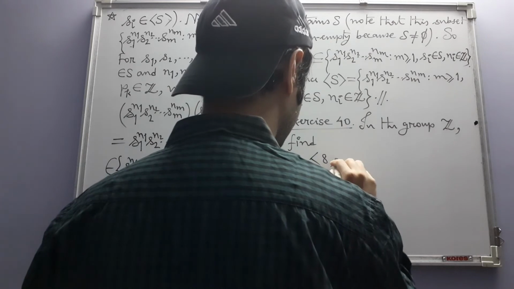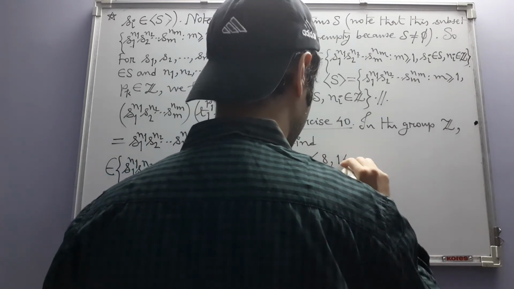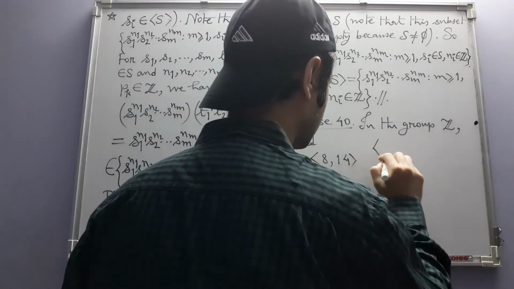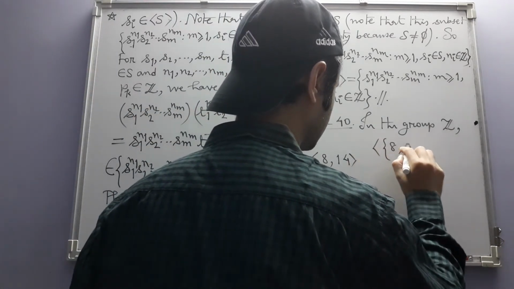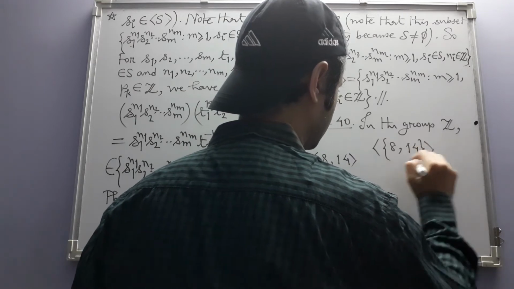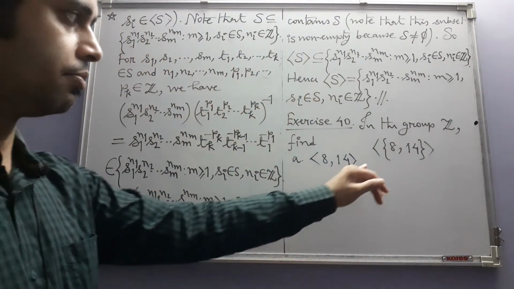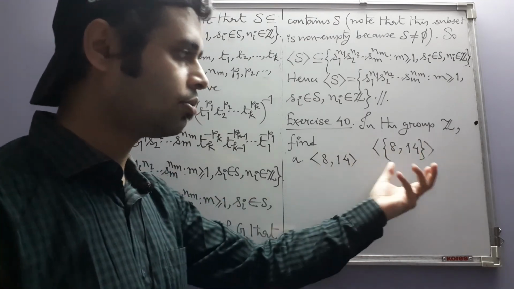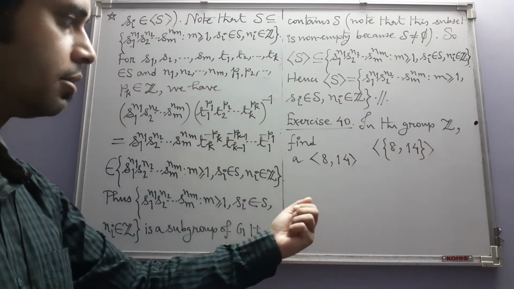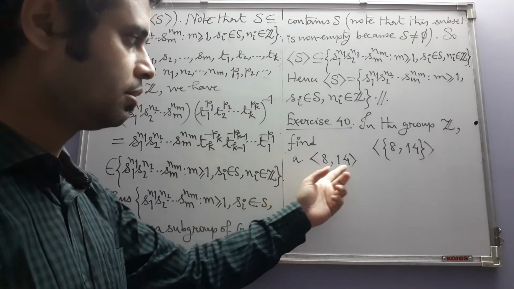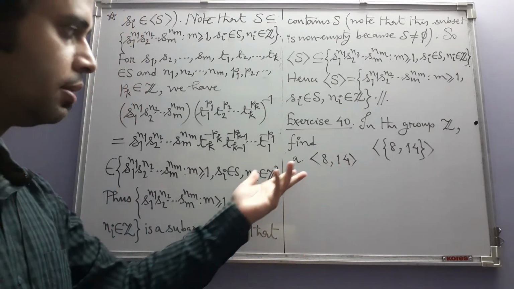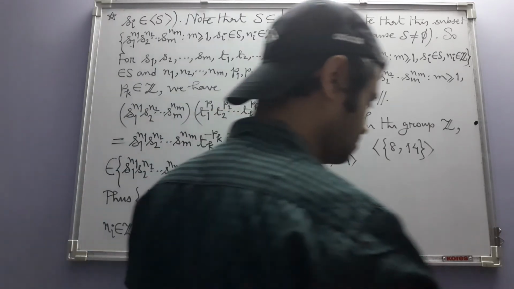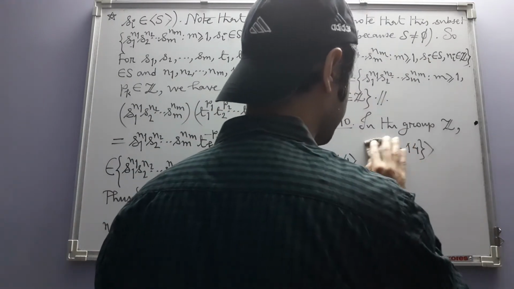A: the subgroup generated by 8 and 40. Ideally we should write it like this, because the thing inside these angular brackets should be a set. But by abuse of notation, we can also write it like this, because after all the elements are going to matter. They mean the same thing.